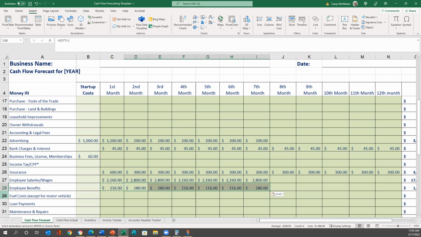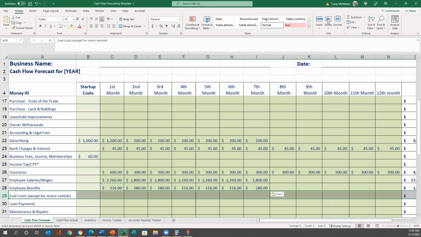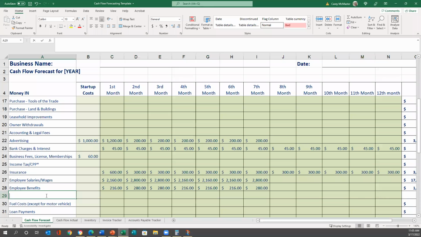In this particular business, I have to insure this individual under WSIB. So what I can do is insert a line and add WSIB.